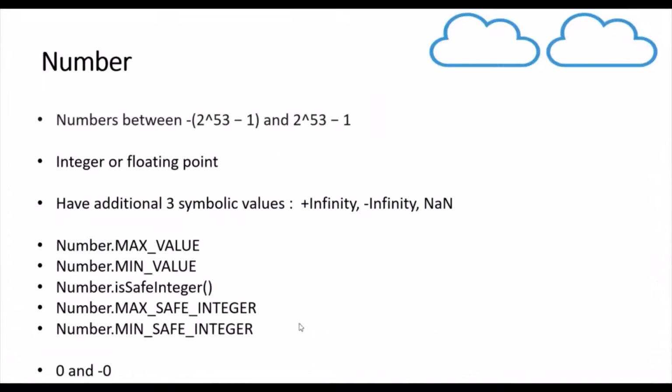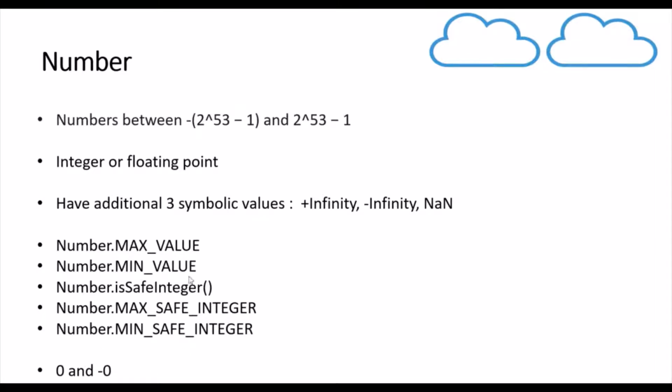Now one more point we need to discuss is 0 and minus 0, or negative 0, in JavaScript. There are two zeros, 0 and negative 0, and this is because JavaScript implements the IEEE 754 standard for floating point arithmetic, which already has signed zeros in it. That's why in JavaScript also we have two zeros.